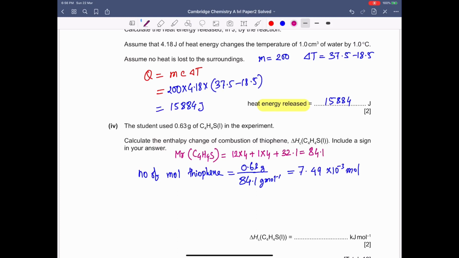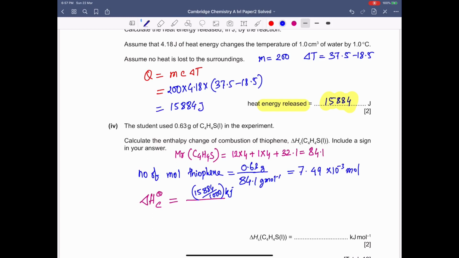Now, since we want to find the del H combustion, we will have to divide this value by 1000 to turn it into kilojoules. 15884 divided by 1000 gives us kilojoules.